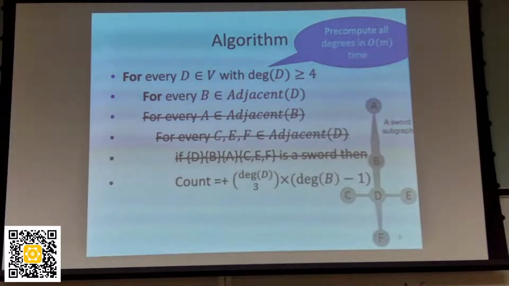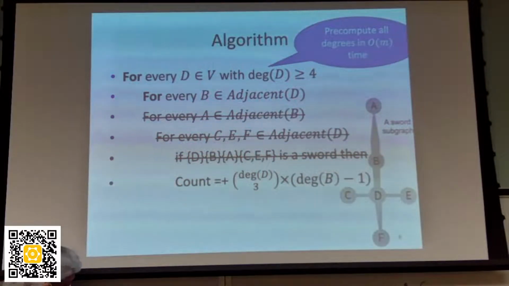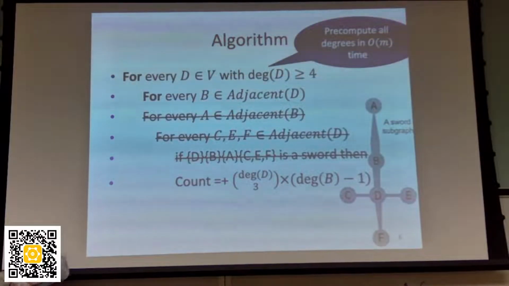Now it's saying, did I screw up somewhere? For instance, if B is adjacent to something that D is already adjacent to, what if I take that as my A? Then my choices for the neighbors of D goes down, and so I have to worry about this.